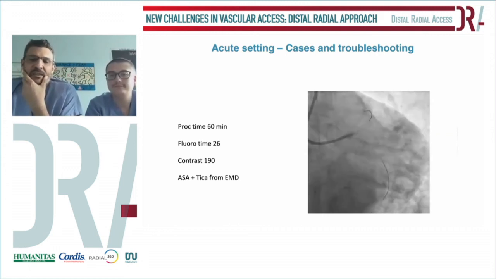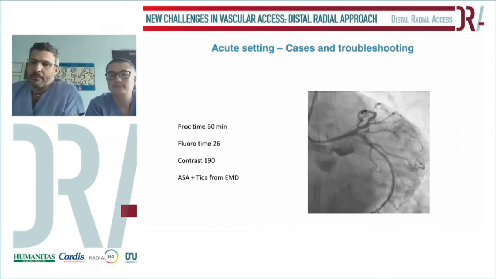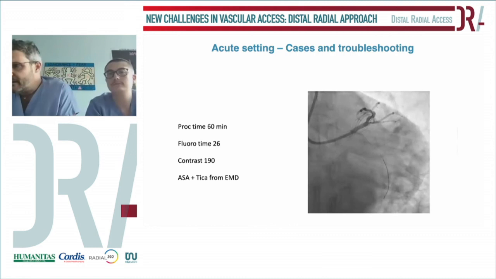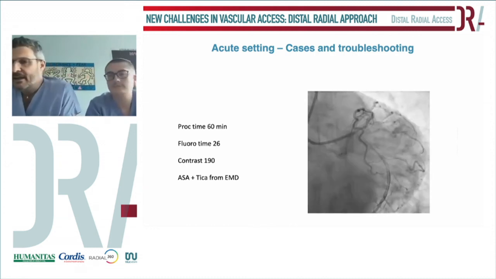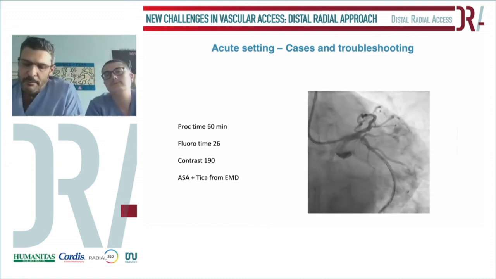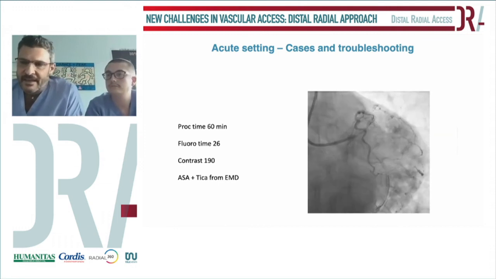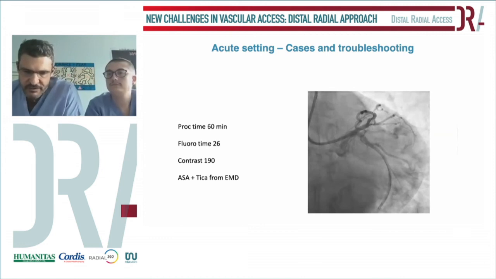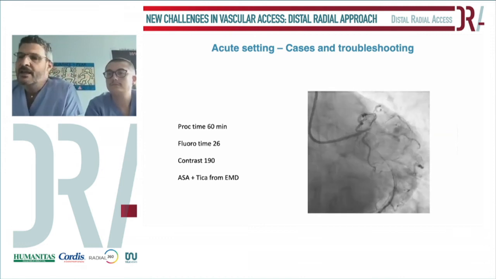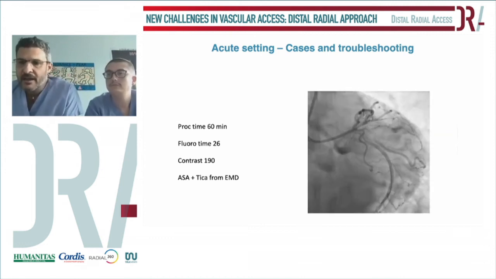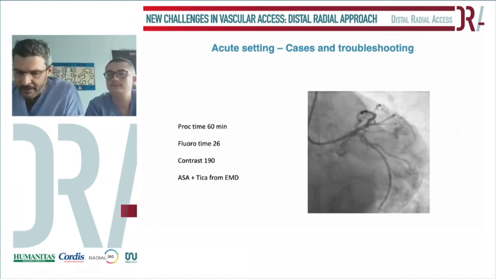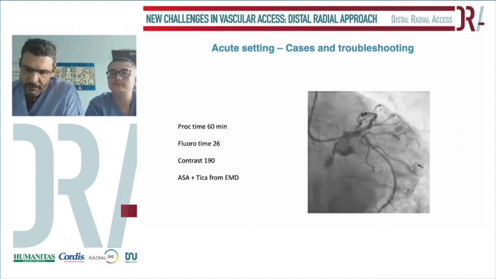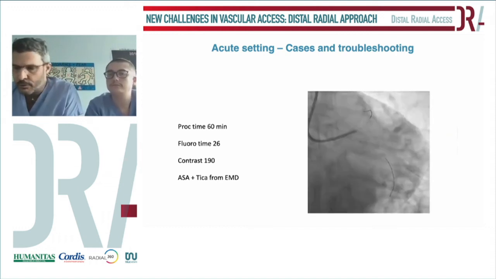But the concept is, the problem is not the setting, the acute setting or stable setting. The problem is to become confident with the access. Then you can have the same advantages of the conventional radial access using the distal radial, adding a reduction in terms of vascular complication or in terms of risk of radial artery occlusion at the forearm.